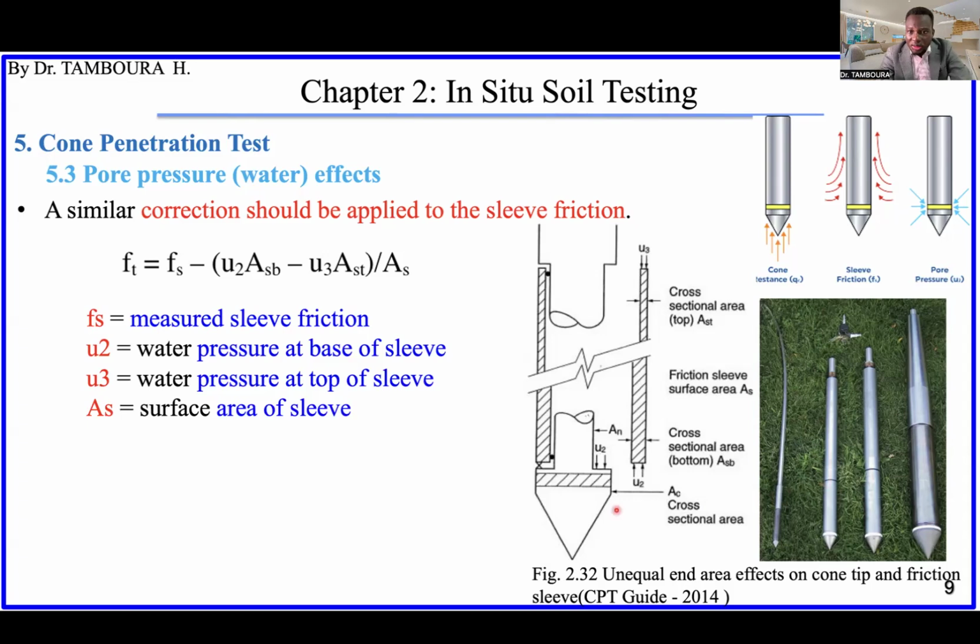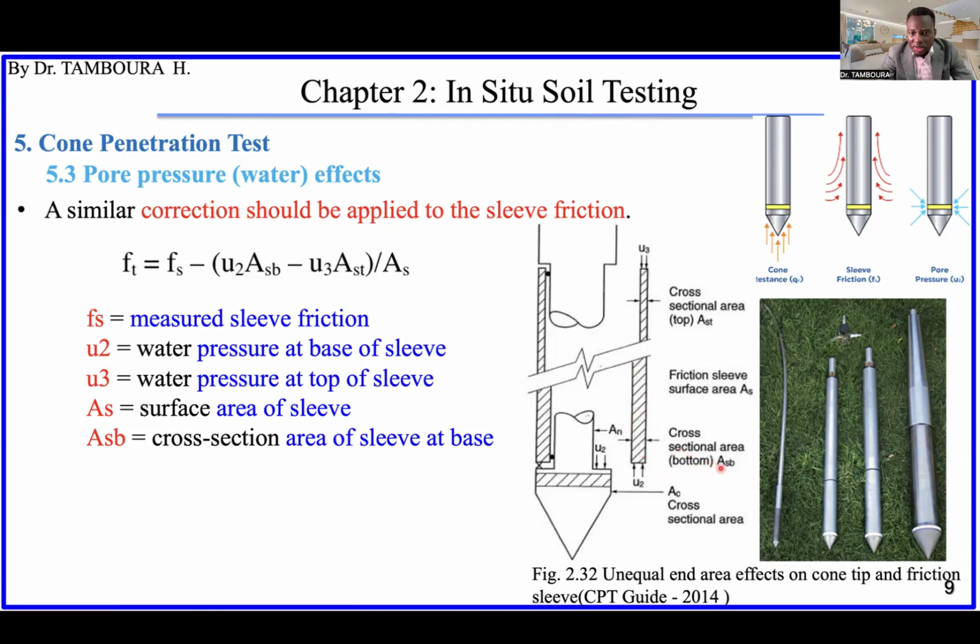AS, you know, is the total surface area of the sleeve. This means the total body of the sleeve, this part, everything, the total area around the body.